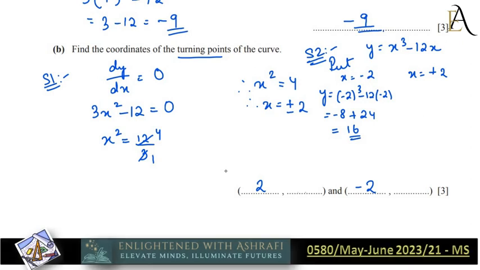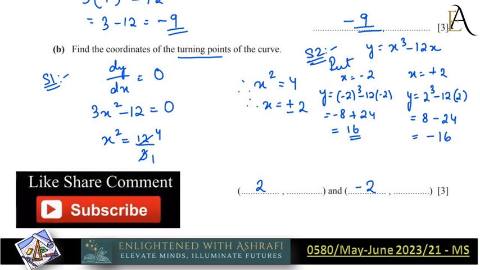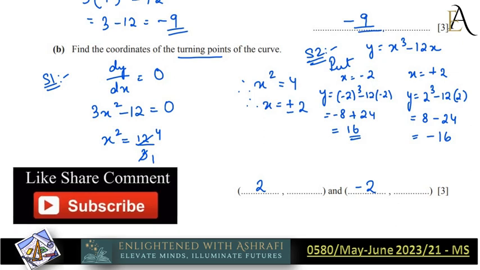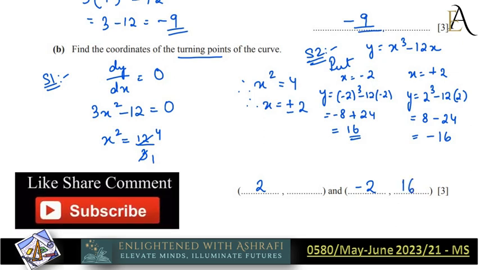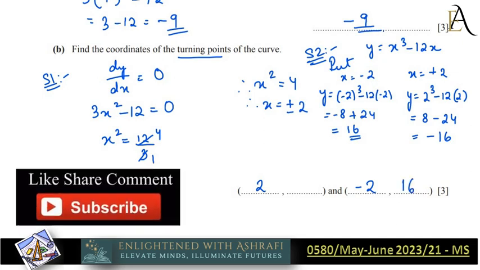And over here I have y equals 2 cubed minus 12 into 2, which gives me 8 minus 24, that is minus 16. So for minus 2 we get 16, and for plus 2 we get minus 16.